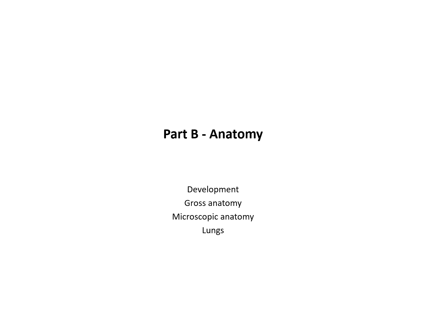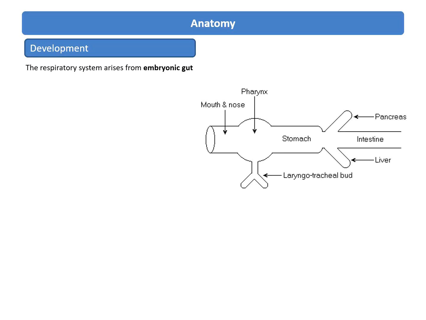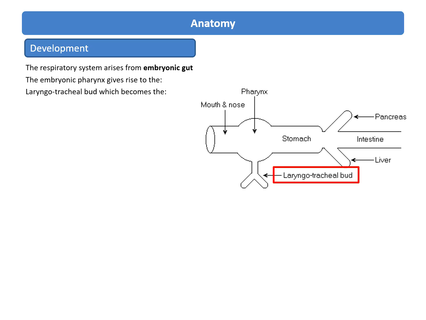Let's look at the anatomy of the respiratory system. The respiratory system arises from the embryonic gut, that is, the embryonic digestive system or tract. The embryonic pharynx gives rise to the laryngotracheal bud, which becomes ciliated trachea, ciliated bronchi, and ciliated bronchioles.